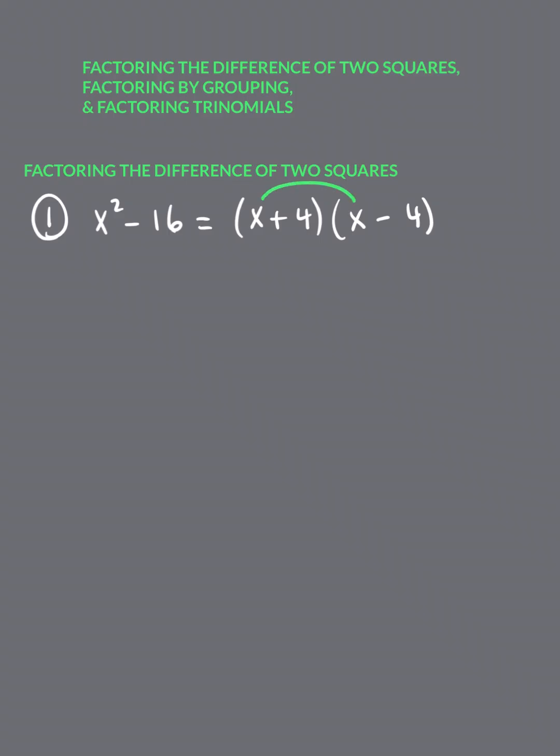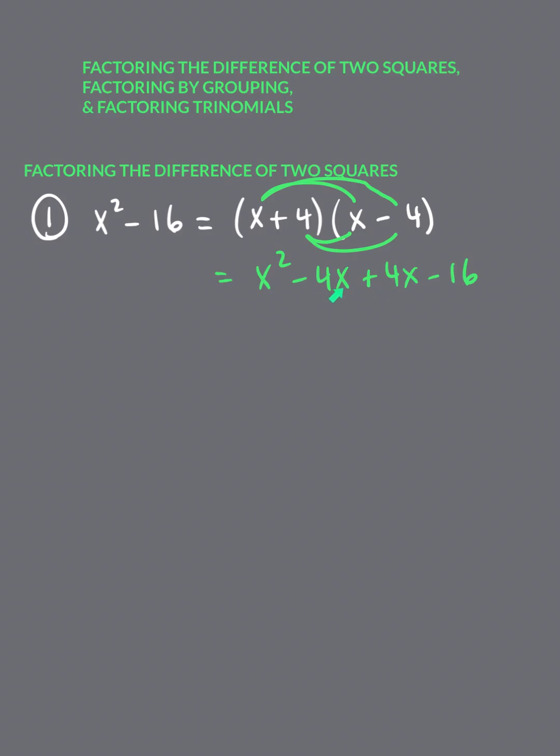So x times x is x squared. X times negative 4 is minus 4x. 4 times x is plus 4x, and then 4 times negative 4 is negative 16. So you can see that these two terms will cancel out because one's a negative and one's a positive.